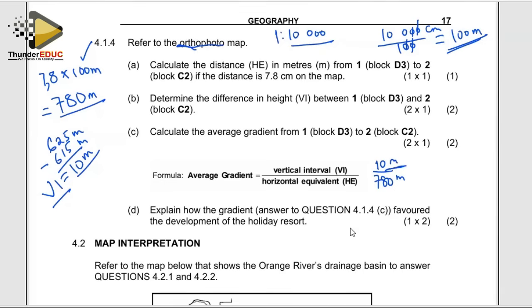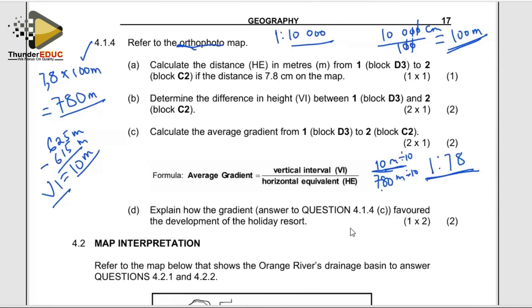If you have done that, then this has to be expressed as a ratio with a numerator equal to 1. So what must we do to 10 to make it 1? We must divide it by 10. In the same way, we must also divide this by 10. So 10 divided by 10 gives us 1. And 780 divided by 10 gives us 78. This is now our gradient as a ratio, 1:78.